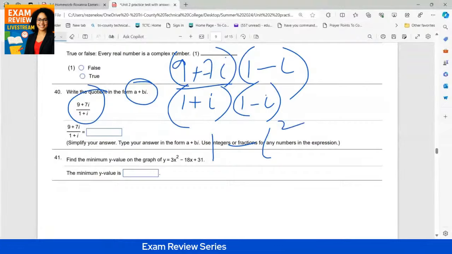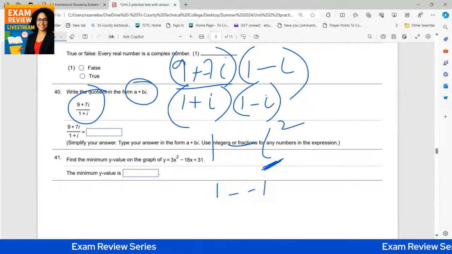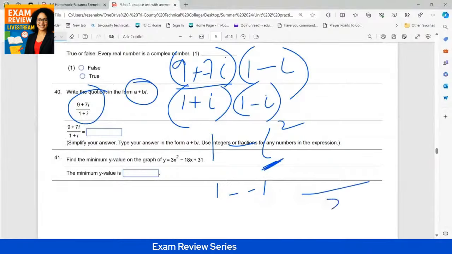Whenever you square i, it is the same as -1. So I now have 1 minus minus 1, talking about the denominator. 1 minus minus 1 is 2. So the denominator is 2. Because the important thing is that the denominator does not contain a complex number.